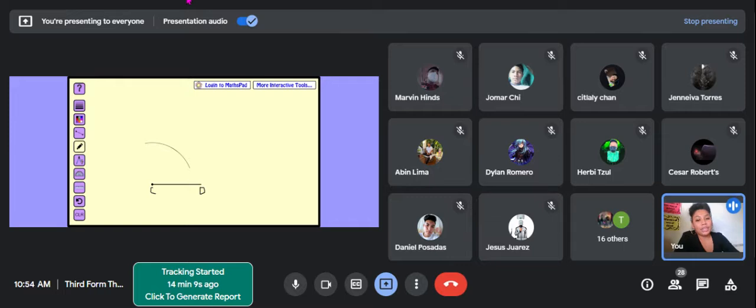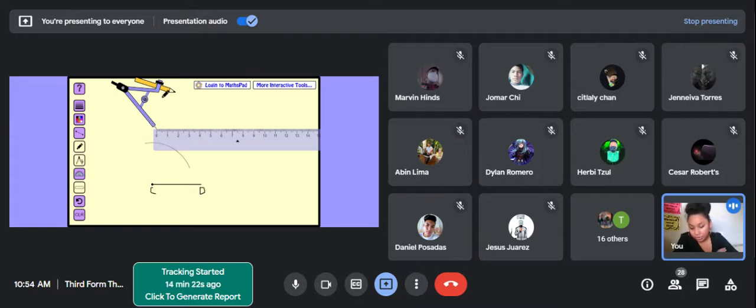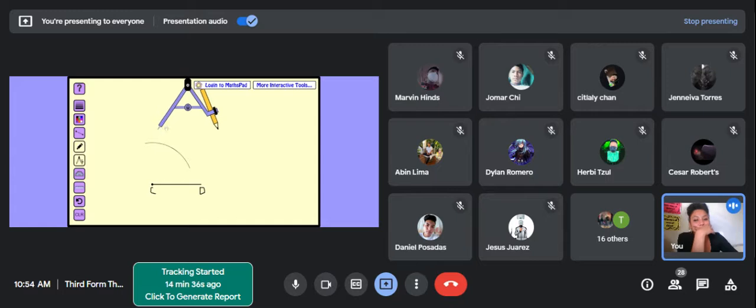Next, you're going to take your ruler and your compass again, and place your compass at 0 again. I would like you to open your compass to 5.6. Then you're going to set it at D and make an arc that crosses these.